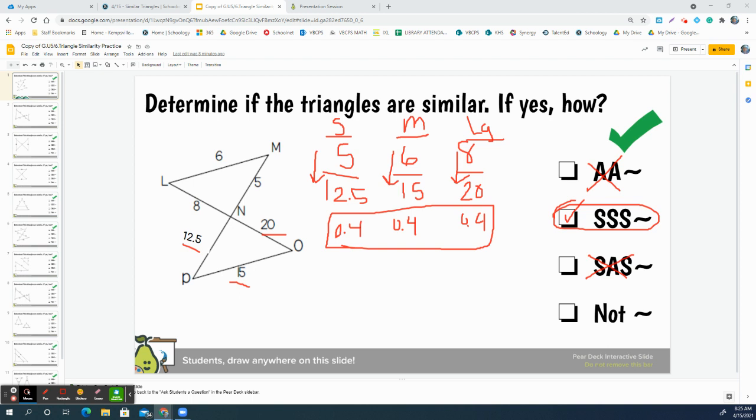They have to be exactly the same. They can't be close.